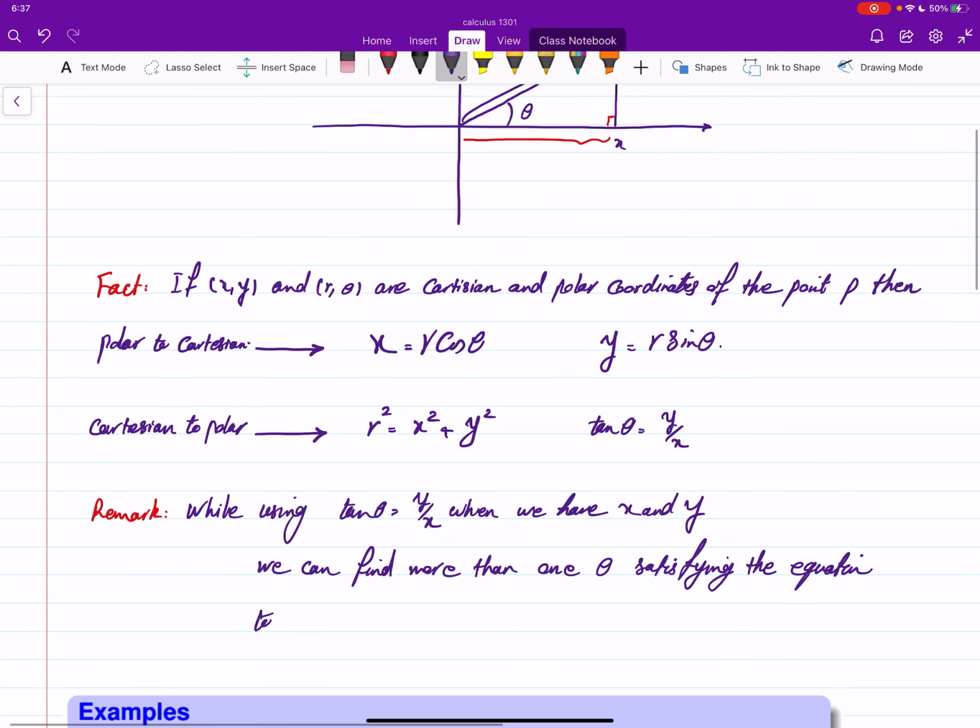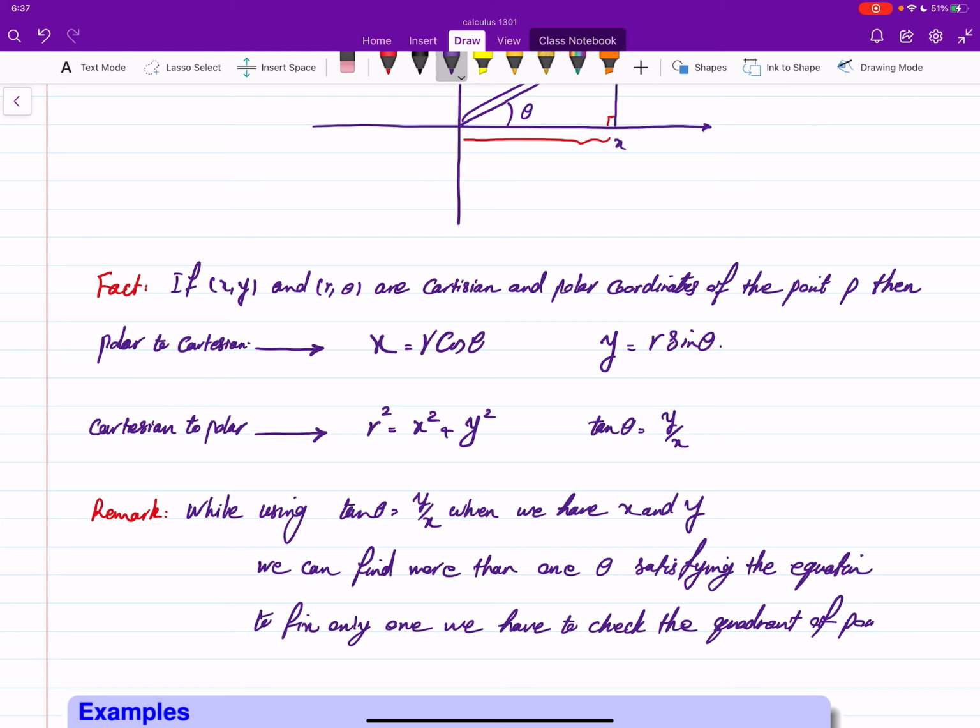To fix it to only one, we have to check the quadrant of the point. We will do some examples, but just know that when we are using this, there can be more than one theta. To fix it, you have to see in which quadrant the point is and then find the proper theta.